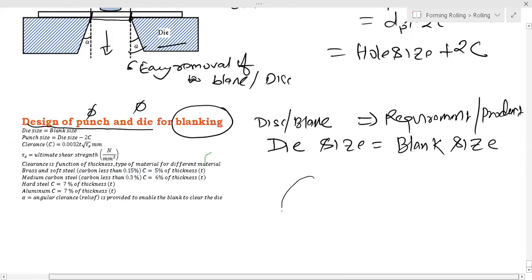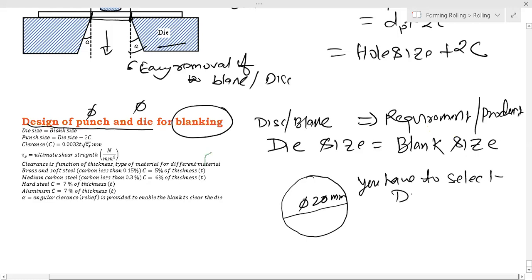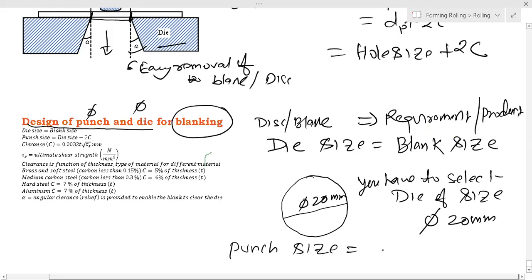Suppose you want to make a blank or disc of diameter 20 millimeter, then you have to select a die of size 20 mm diameter, and your punch size will be smaller.